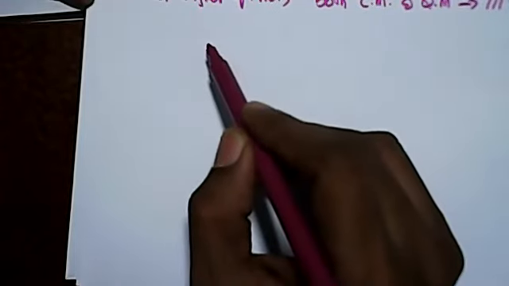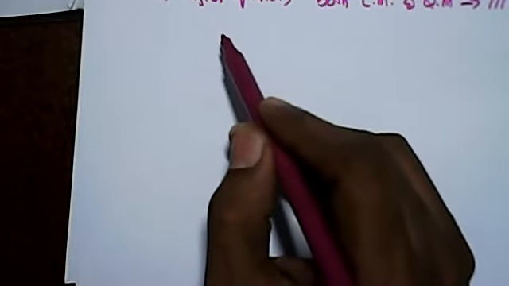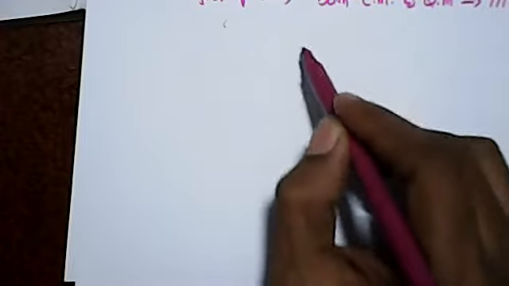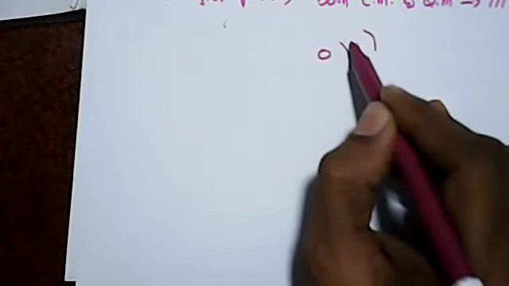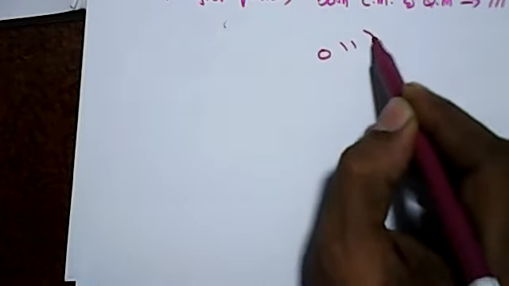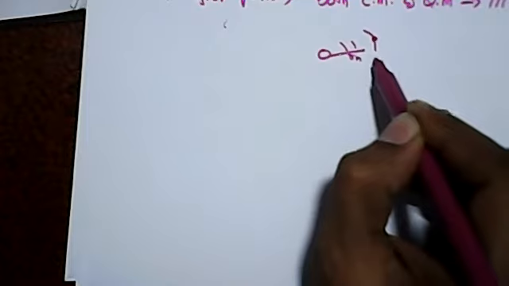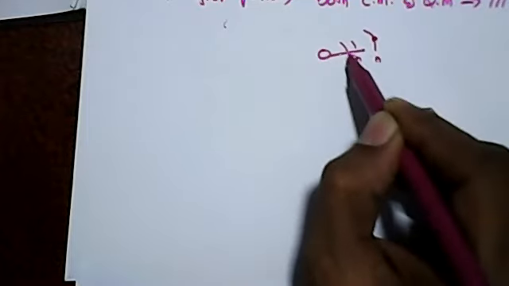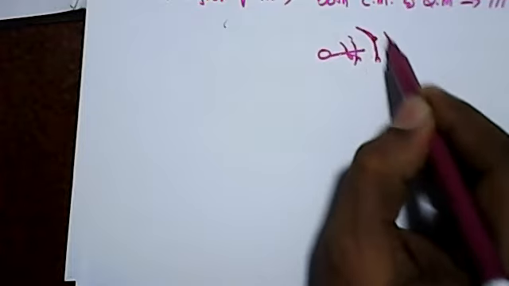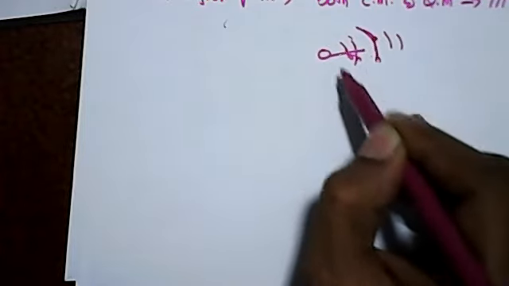So let us calculate the frequency of rotation. This is the nucleus. There are many states, but the electron is in the nth state, so the radius is Rn. The electron is rotating in the nth orbit, a very large number of orbits.